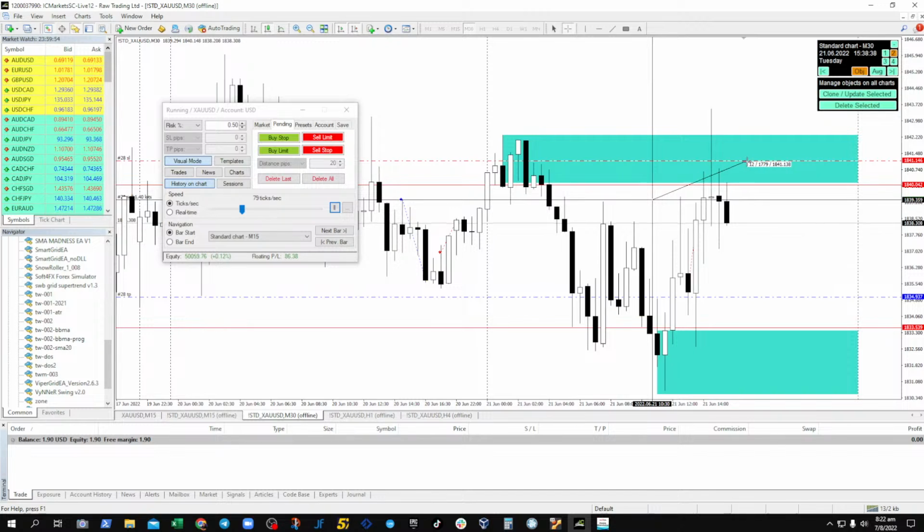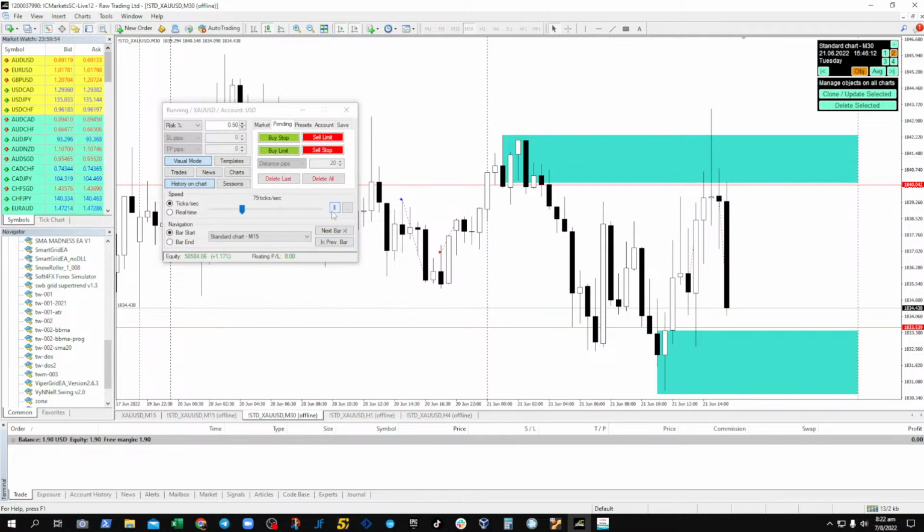This is 18 pips, and it does go up to over 20 pips. Okay, so it continued to go in the direction. Let me modify the. Okay, so it hit our TP.